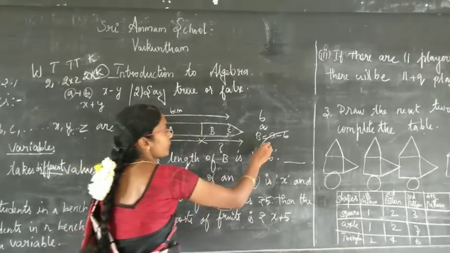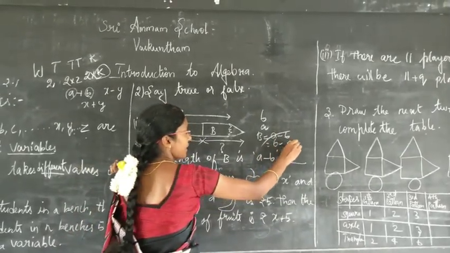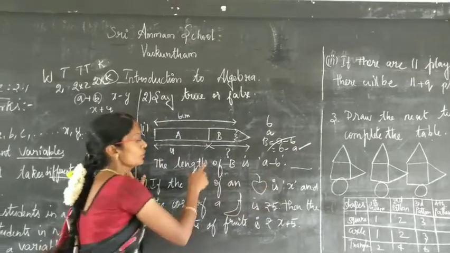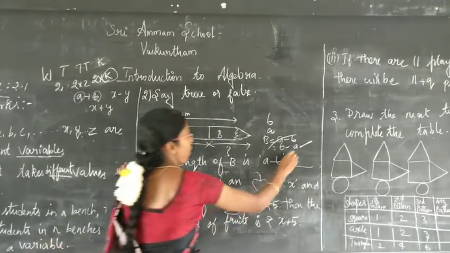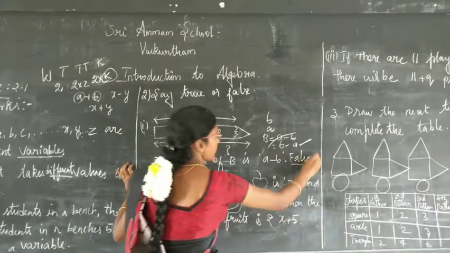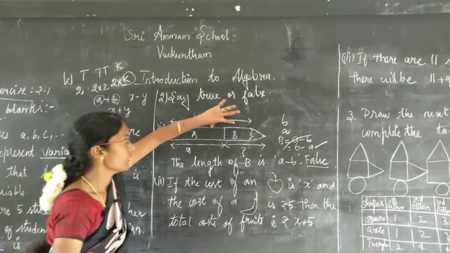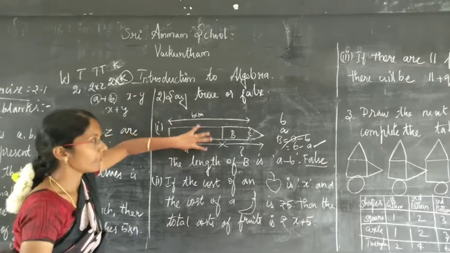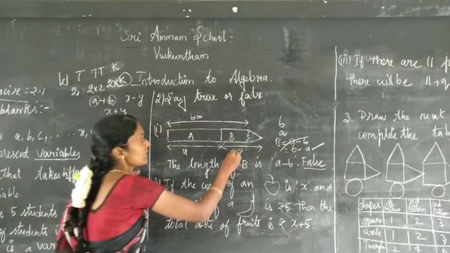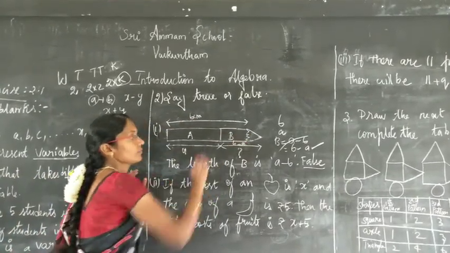It is wrong. If they had given 6 minus A, it is correct. So this statement is false. Okay, have you all understood? Total length is 6, the part A is A, so part B is 6 minus A.